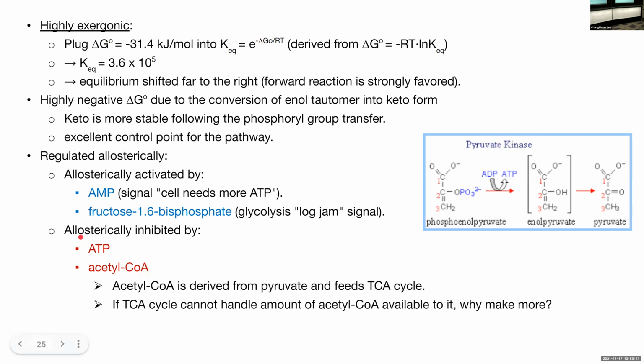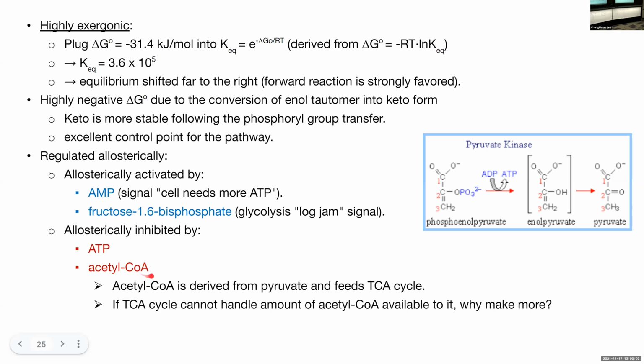And this pyruvate kinase can be inhibited by ATP and acetyl-CoA. And ATP totally makes sense because it's the opposite of AMP. So if you have a lot of ATP, there's no need to generate more energy, so it'll inhibit this pyruvate kinase allosterically.